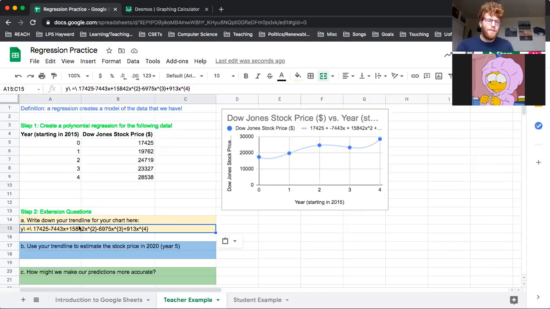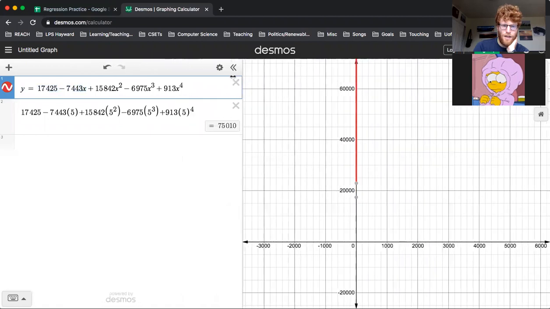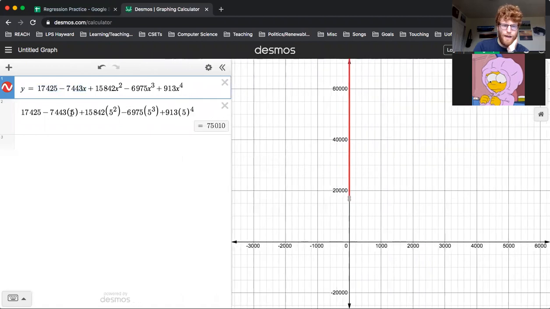Now, part B is asking: use your trend line to estimate the stock price in 2020, which is my year 5. Well, the beauty is that I now have an equation. Here's my equation. So instead of putting x in this long equation, I can put 5.